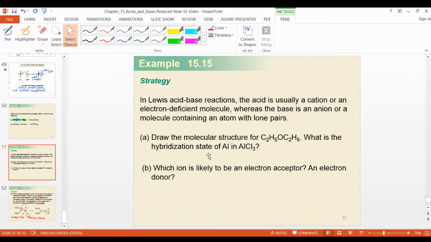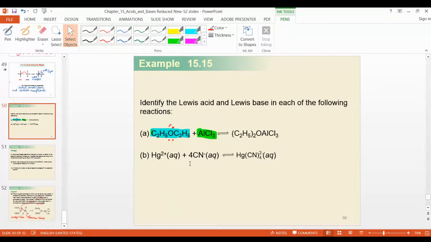Another example. You can write another example also. I will write here.